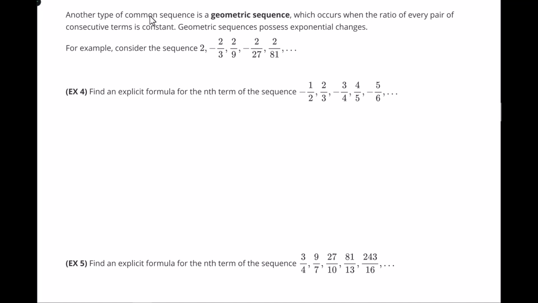For instance, when I have the sequence 2, negative 2/3, 2/9, negative 2/27, and 2/81, that is a type of exponential sequence because if you'll notice, the numerator is always 2. So we can just leave the numerator as 2.